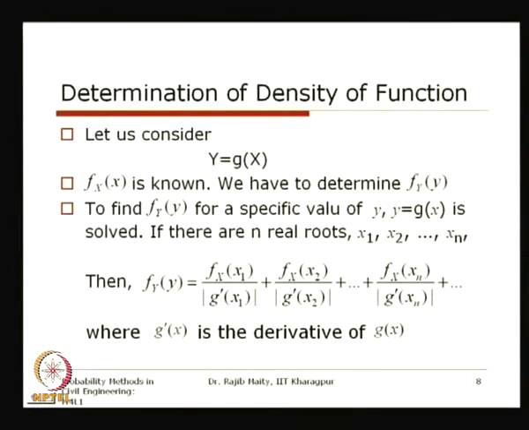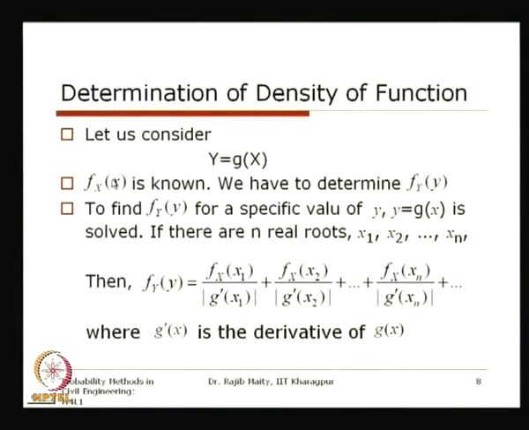Then we will see, if this kind of functional correspondence exists between x and y, how we can get the density function of the random variable y, which has a functional relation with x. Obviously, all the properties required for the random variable x are known. If the probability density function f(x) of the random variable x is known, that means I know everything about its distribution.